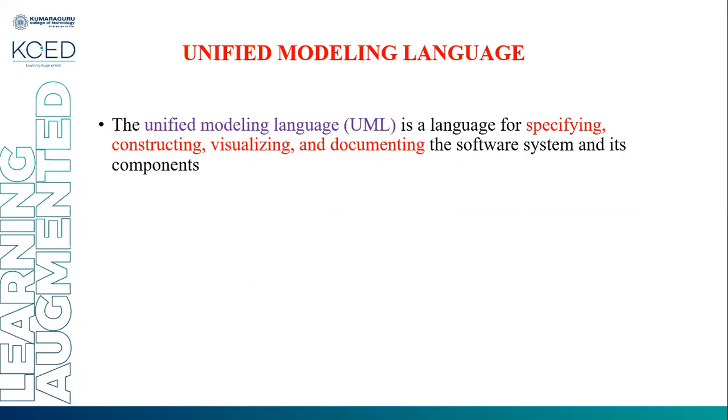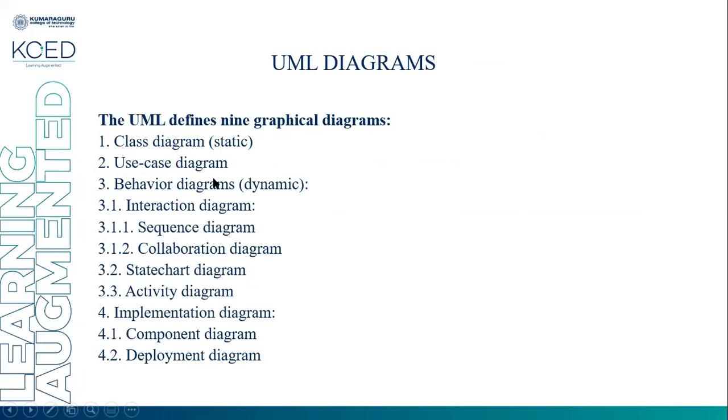The first, Unified Modeling Language, UML, is a language for specifying, constructing, visualizing, and documenting the software system and its components. UML diagrams. UML defines nine graphical diagrams. One is the class diagram, the use case diagram; these are static diagrams.